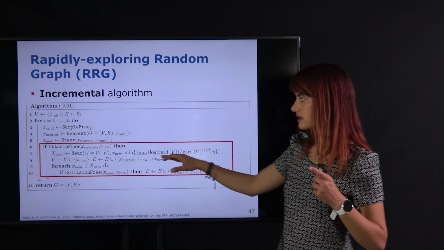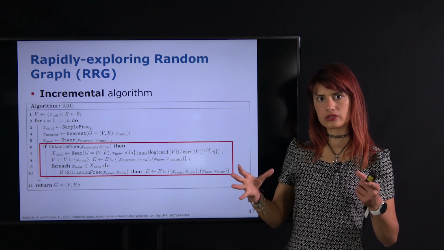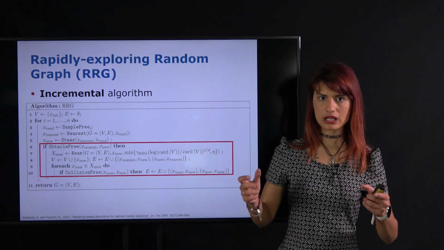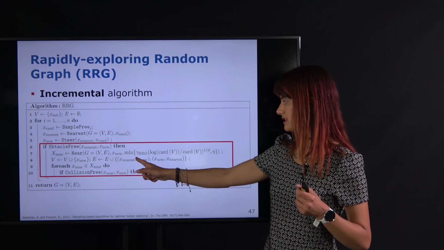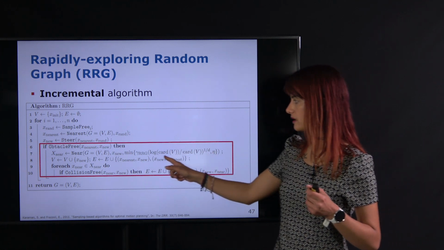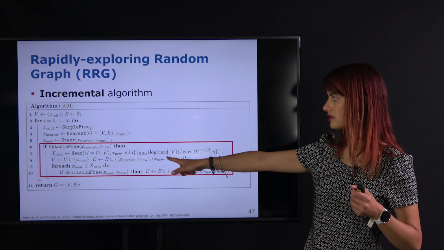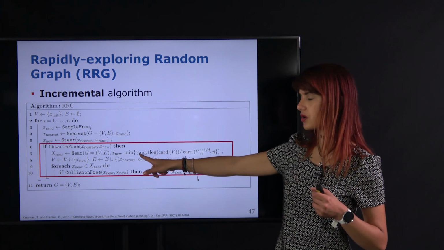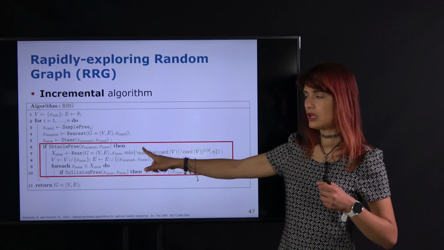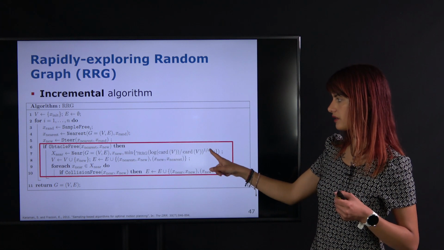So the radius defines which nodes in the neighborhood we want to check for connections. The radius here depends on the cardinality of the current set of vertices in the graph, a constant value, and also the dimensionality of the problem.